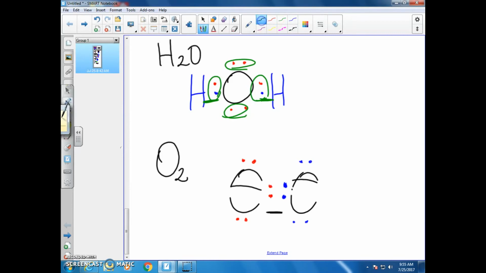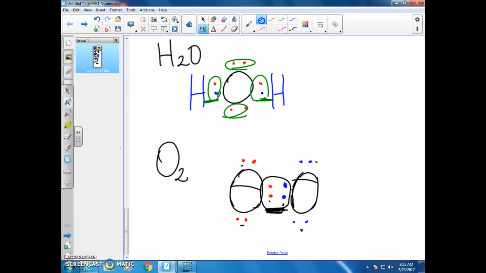Keep in mind that oxygen did not change. Each individual still is contributing or has 6 valence electrons to work with. So you can see that this oxygen still has 2, 4, and 6, and this oxygen still has 2, 4, and 6, but by putting these in the center, they get to share all 4 of those.